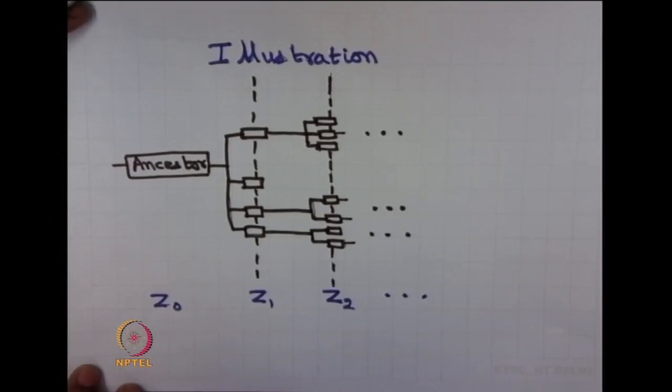So, the illustration for the Galton-Watson process is Z0 is equal to 1, Z1 here is 4 and Z2 is 7 and so on.